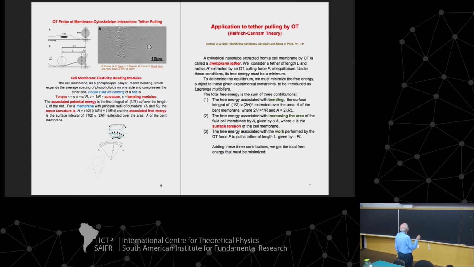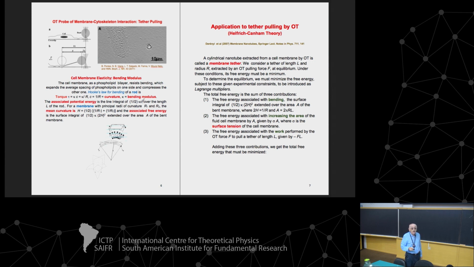For a membrane, which is two-dimensional, it is characterized by two principal radii of curvature, R1 and R2, and you define the mean curvature as 1/2 of the sum of the principal curvatures. And the associated free energy is the surface integral of 1/2 of the bending modulus times twice the mean curvature squared, which is now extended over the whole area of the membrane. So it's a surface integral.